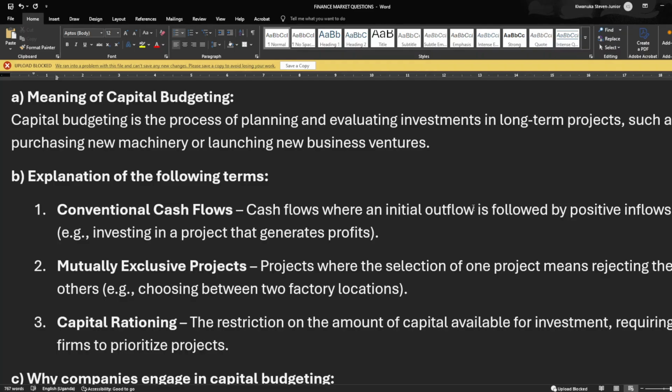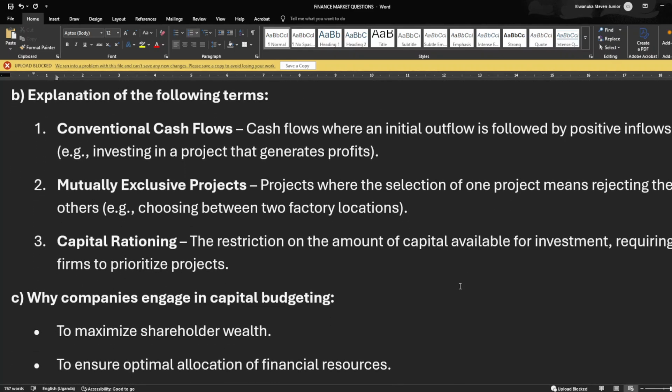If projects are independent, one project can run and the other one can run, one not affecting the other. The opening up of this one does not affect the other. That is independent projects.